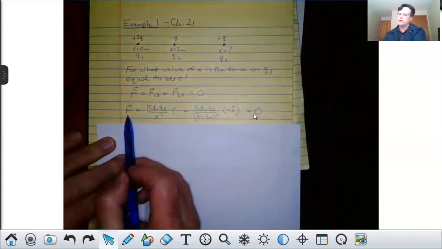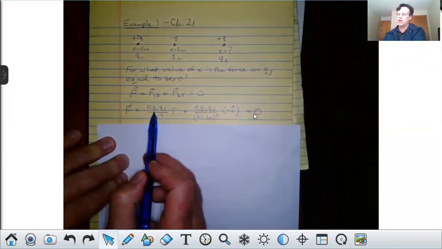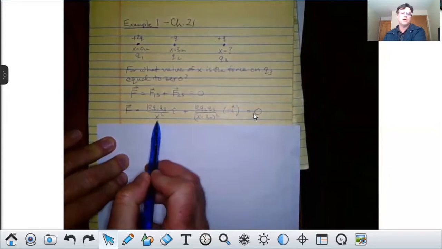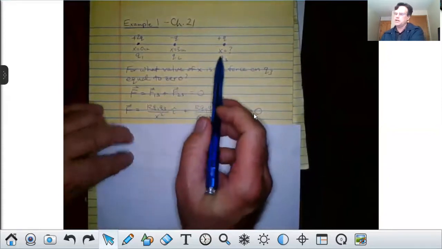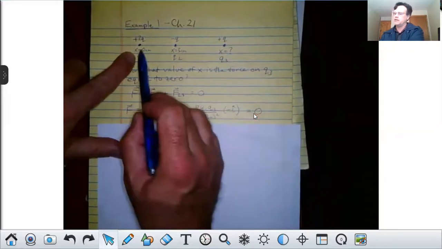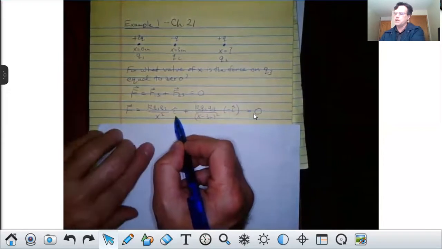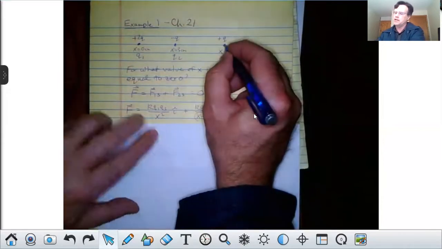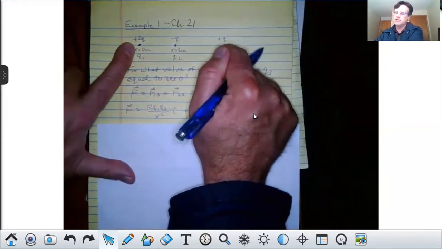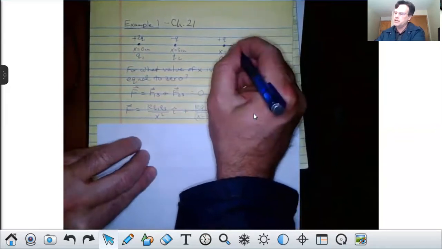The force here, F13, is going to be kQ1Q3 over the distance r squared, which in this case is the distance between Q1 and Q3, and that is x, right? It's the full x value. It is going to be in the positive x direction because these 2 charges, Q1 and Q3, are both positive. They are like charges and they repel.